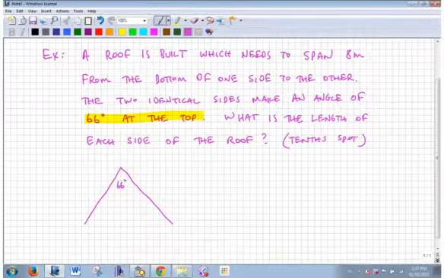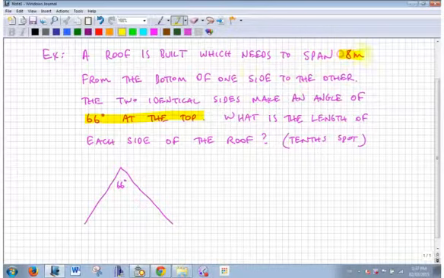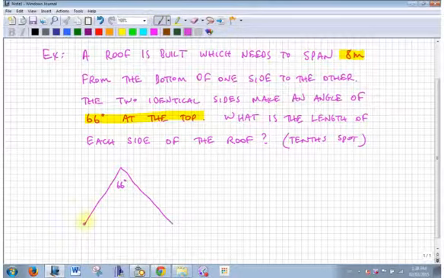There's one number. I got another number in here. 8 meters. Where do you think that goes? From the bottom of one side, and that would be there, to the other, right? That's 8 meters.